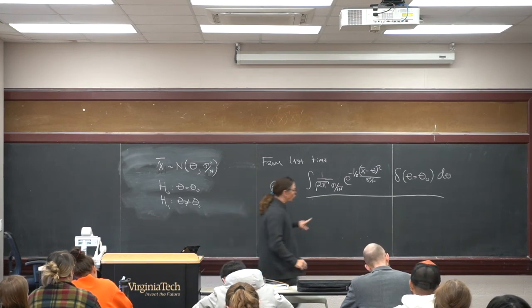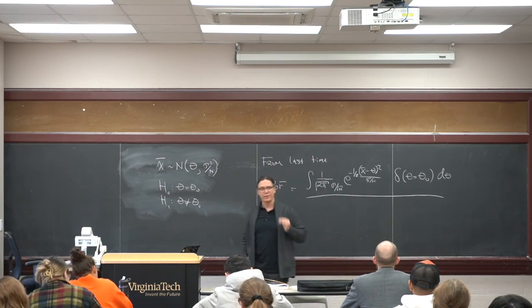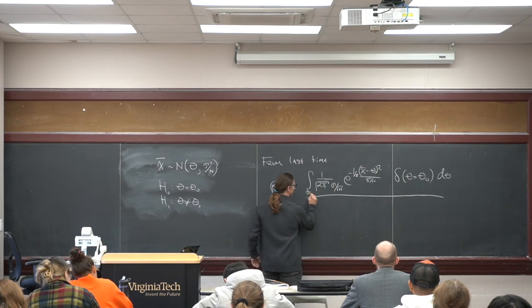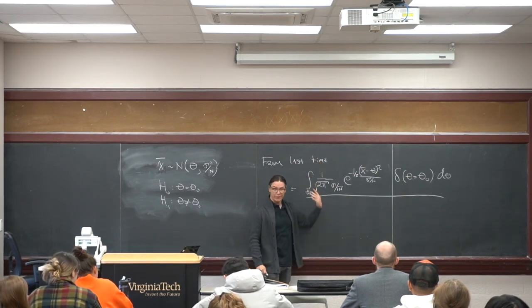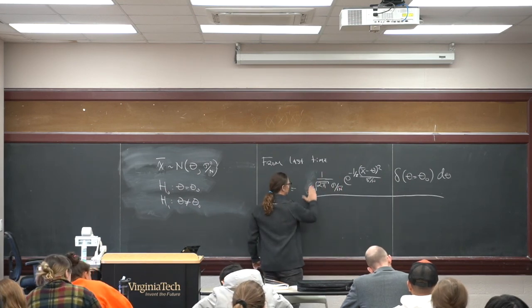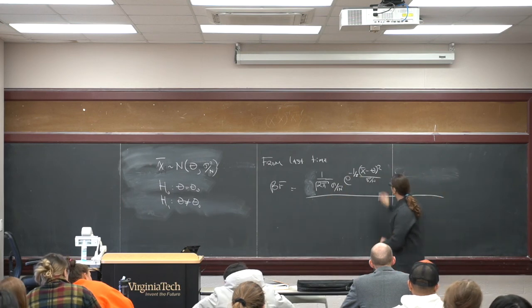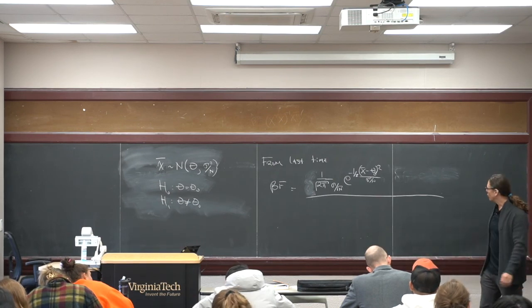But since this is the only positive point in the whole integrand, that's the only thing that evaluates to something other than 0. And so if theta is in the null space, or if I integrate between negative infinity and infinity, we'd get the same answer. And this part of the integral, right here, it's easy to solve, and we just evaluate that at theta naught. So that's what we worked through last time.